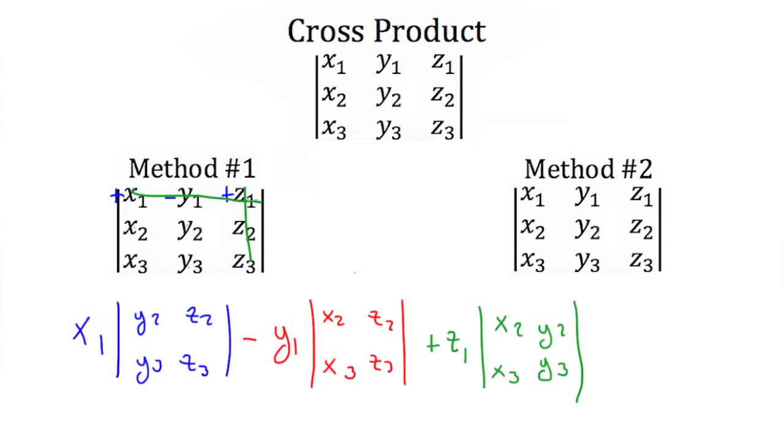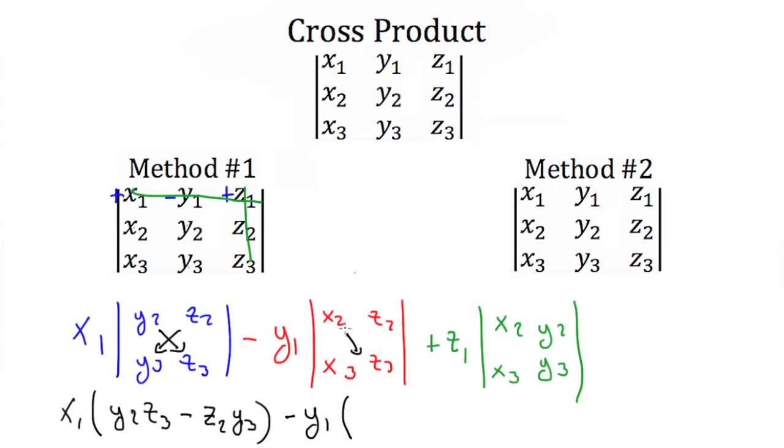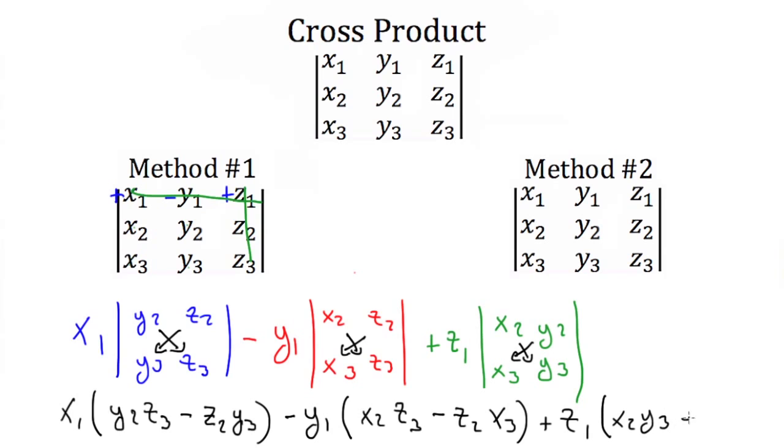So my determinant of this 3 by 3 matrix would be equal to x1 times y2, z3 minus z2, y3, minus y1 times x2, z3 minus z2, x3, plus z1 times x2, y3 minus y2, x3.